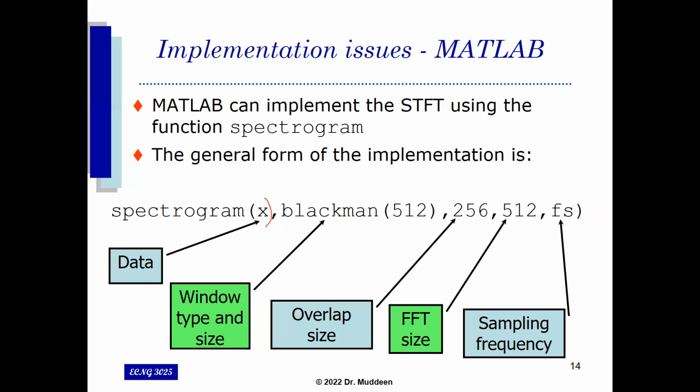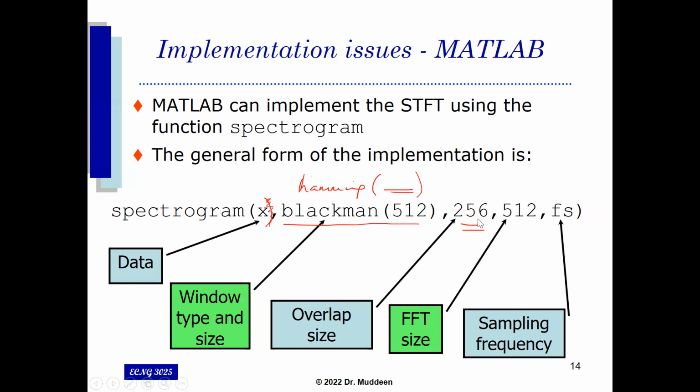If you want to be more specific, you can tell it what window you want. Here I have Blackman, or you could put Hamming. Then you have to tell it the size of the window, how many samples you want. You have to tell it how much to overlap.